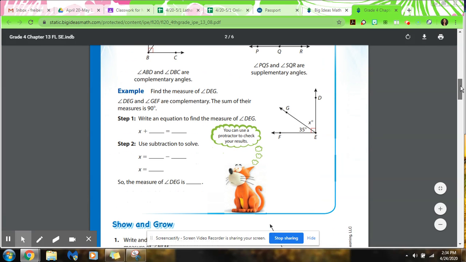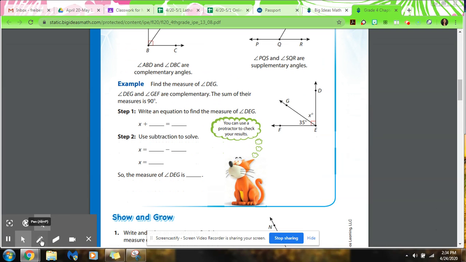All right, let's take a look at this practice problem. It says find the measure of angle DEG. Let's see what we have to figure out first. Right now, what I do know is that a right angle equals 90 degrees, so this whole thing has to equal 90 degrees.